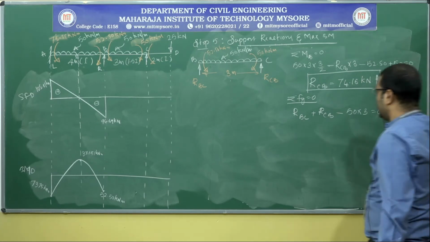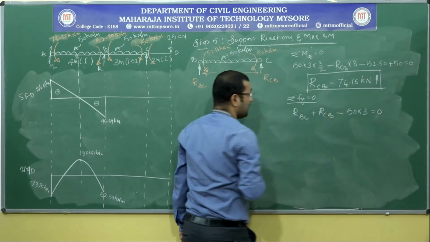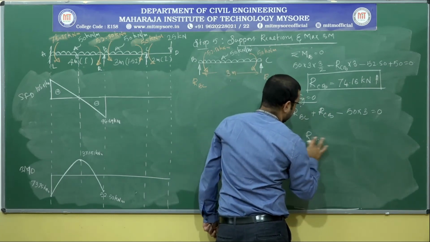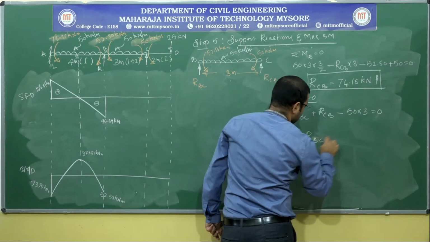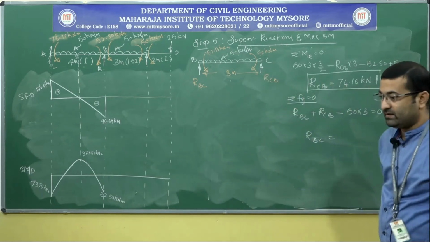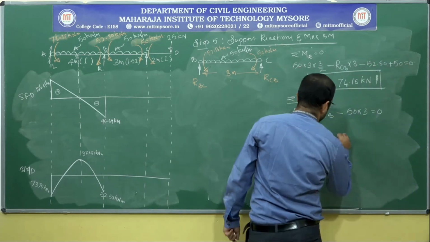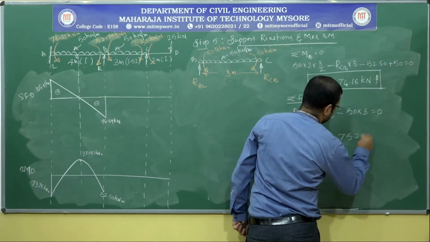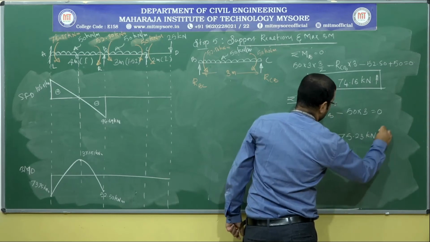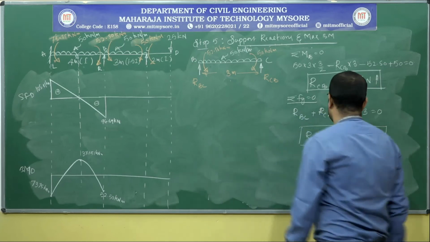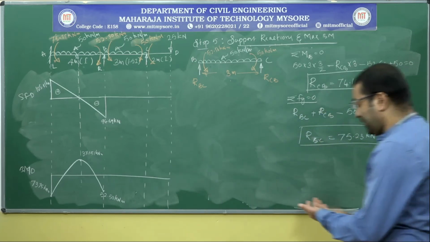RCB value we have already calculated. Substitute the value of RCB here, you will get RBC as 75.23 kilonewtons. So now we need to calculate the maximum bending moment.